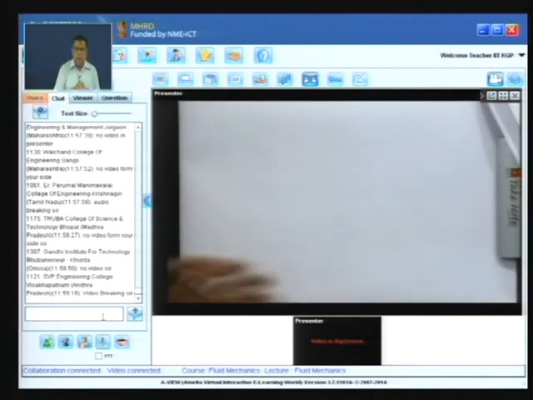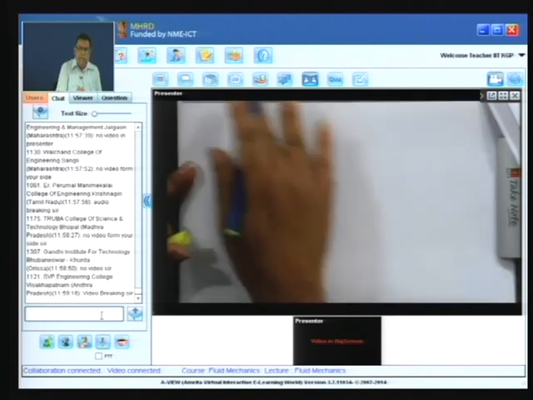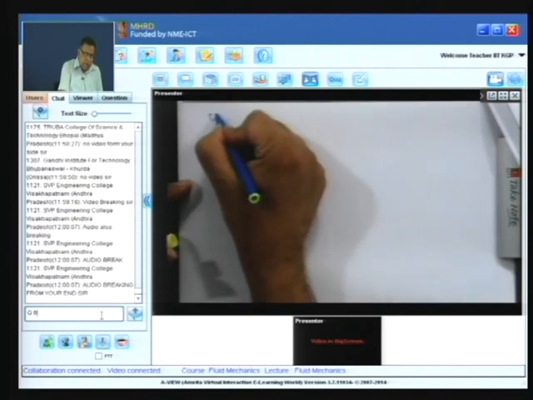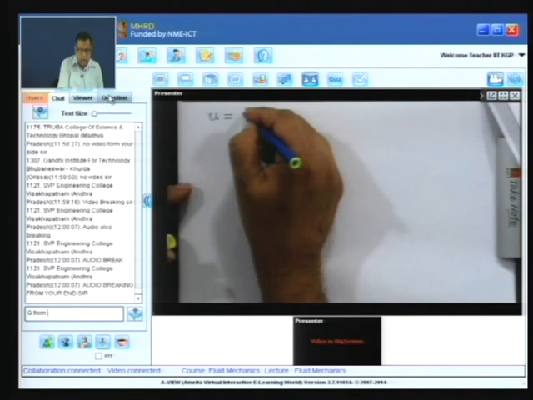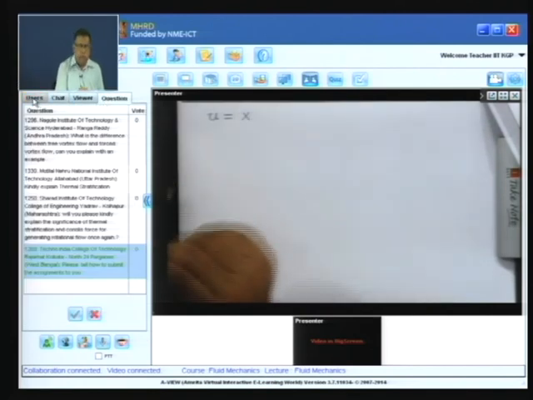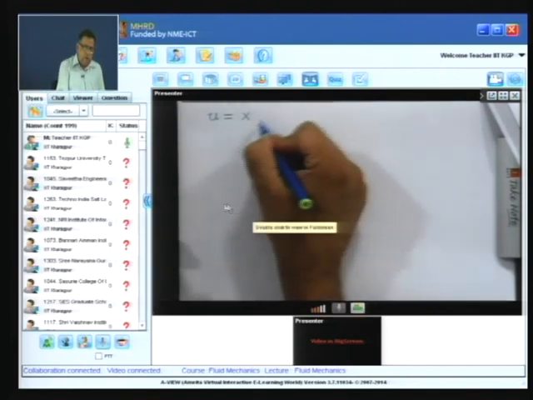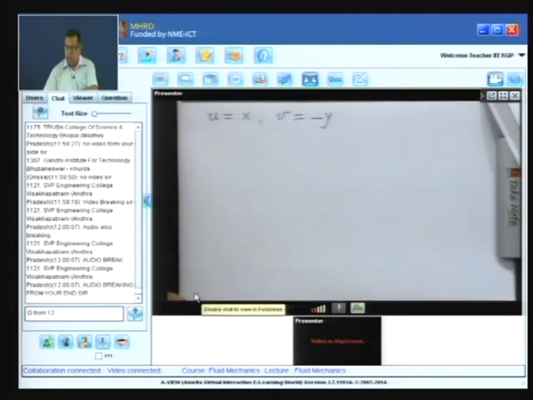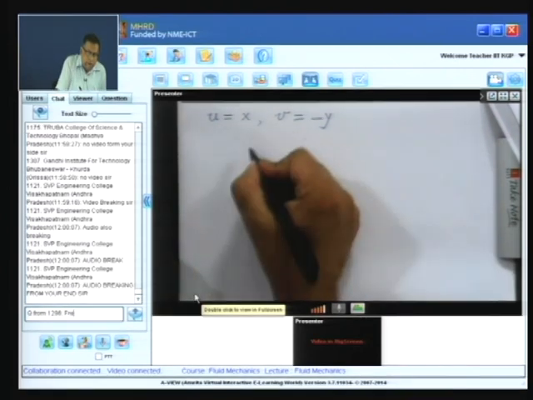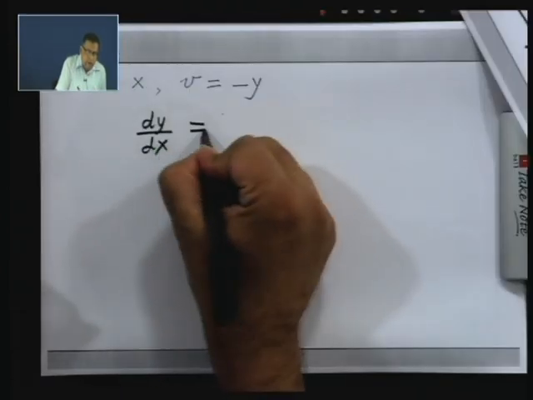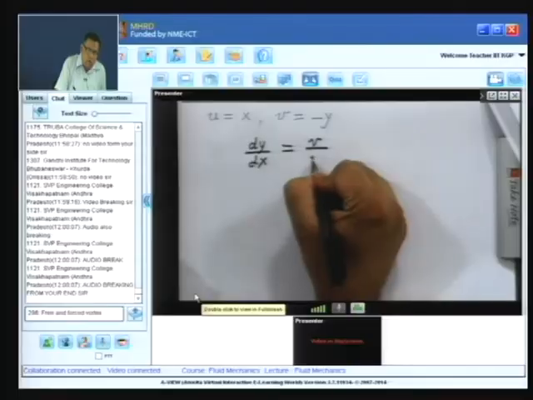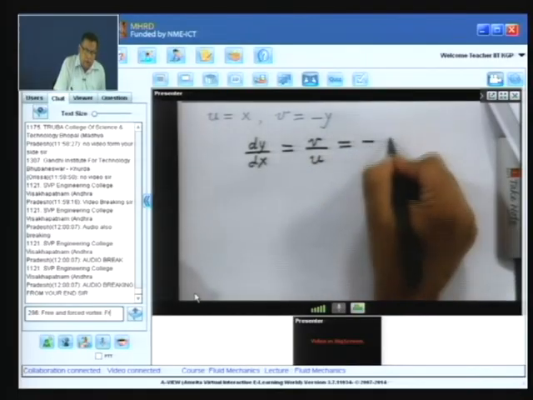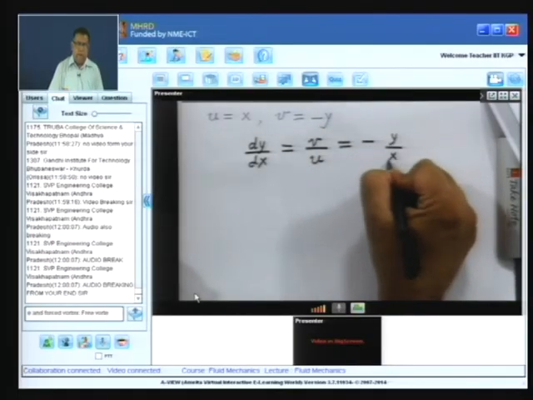So, in our example we have taken a simple example, and this is an example of a flow which is seen in practice. If I say u is x and v is minus y, this is the example which I took, then dy dx is v by u, which is minus y upon x in this example.